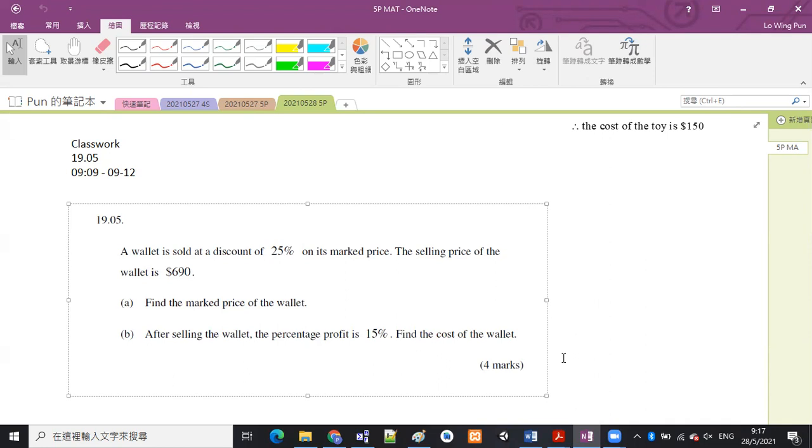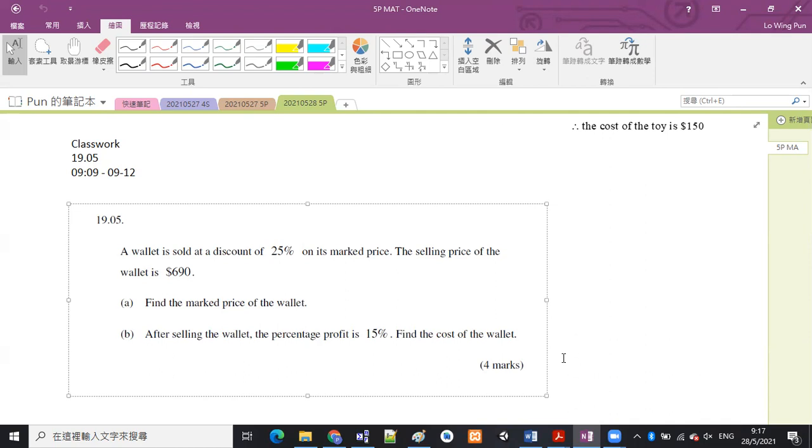Okay, discount percent. And then there is another number, which is $690. What does it represent? So it's the selling price. Thank you. So we have the discount percent and the selling price.